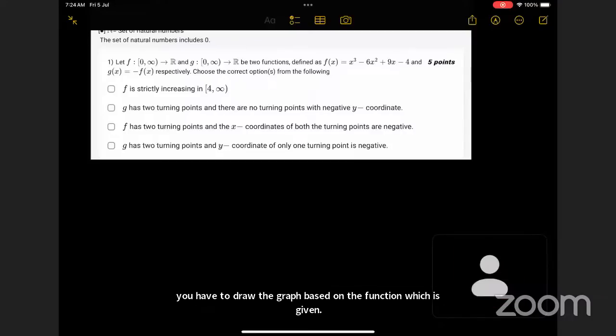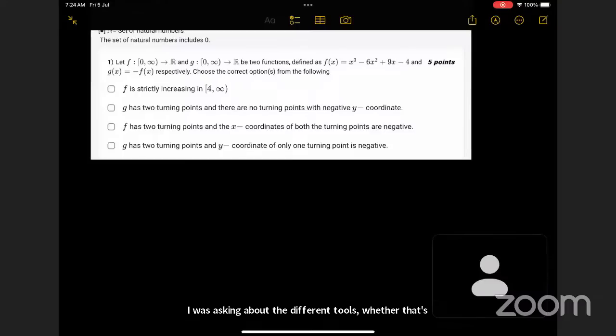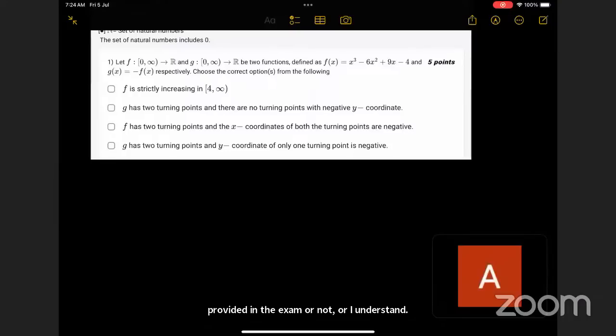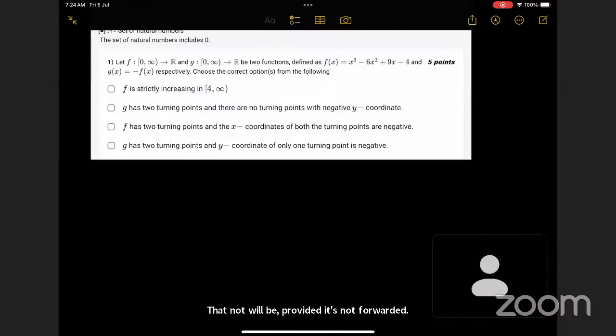He's asking whether Desmos, the software, will be provided or not. I don't think it will be provided. I'm not sure about it. You have to plot your own. Thank you.